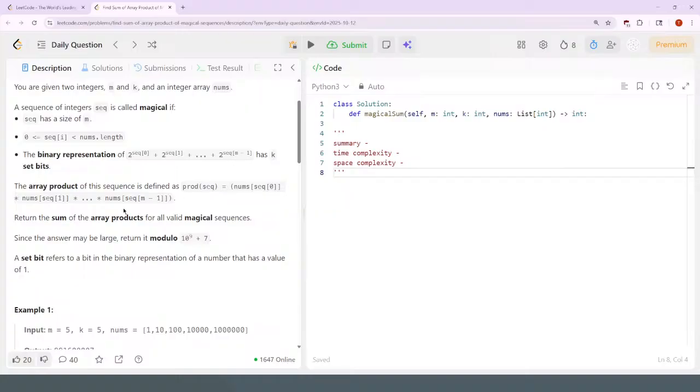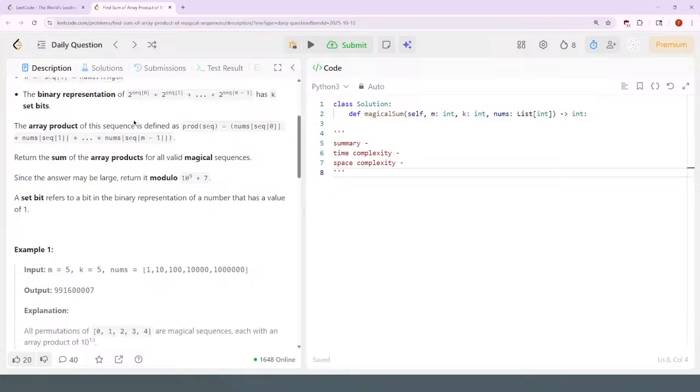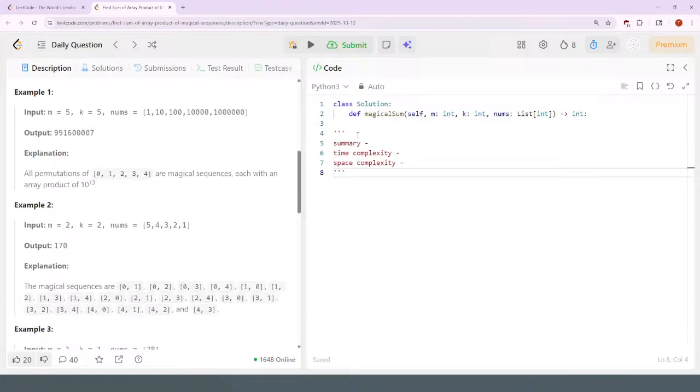So, okay, 5, 4, 2 to the power sequence of 0. Okay, so 2 to the power 5 plus 2 to the power 4. In binary, that's like 1 and 4 zeros, I want to say, plus 1 and 3 zeros.